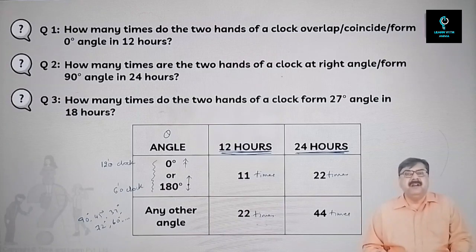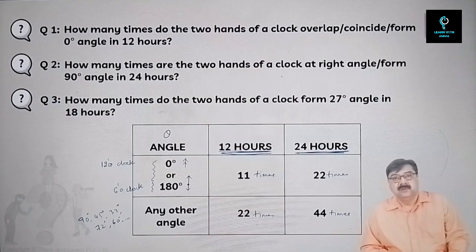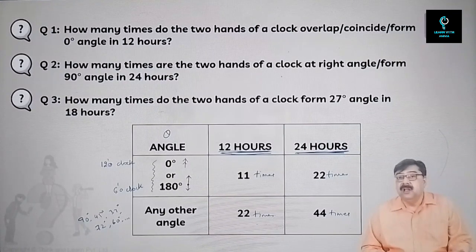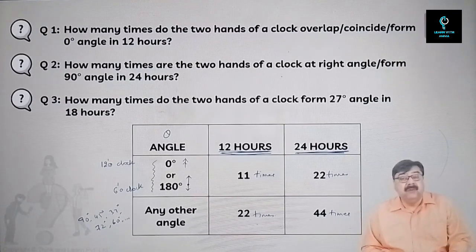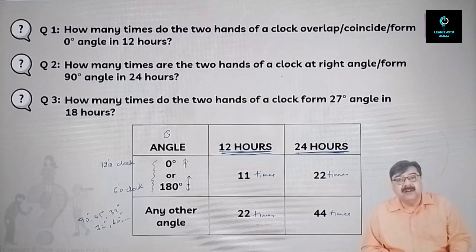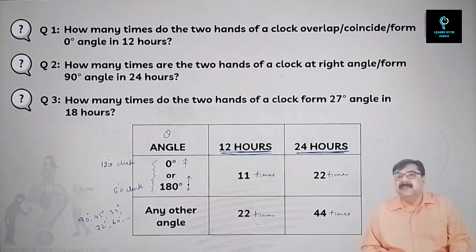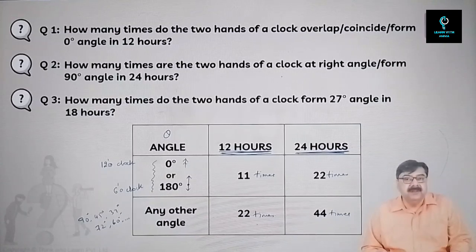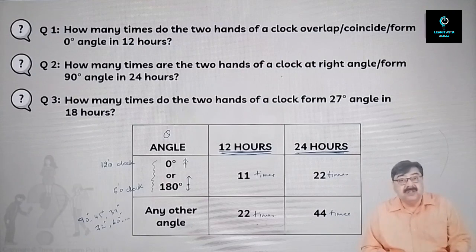Now you must be wondering why it is so that the two hands of a clock meet each other or form a 0 degrees angle 11 times in 12 hours. It might have occurred to you that this phenomenon should happen 12 times in 12 hours, but it is not so.